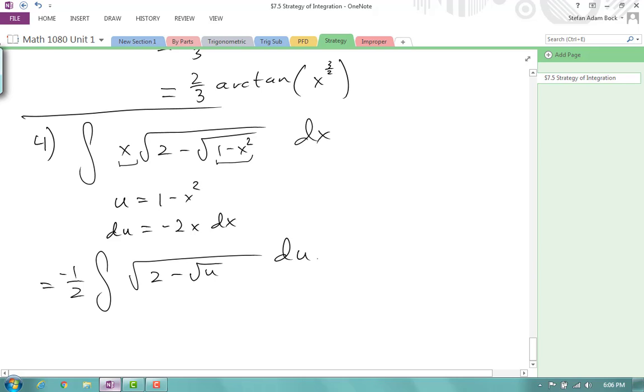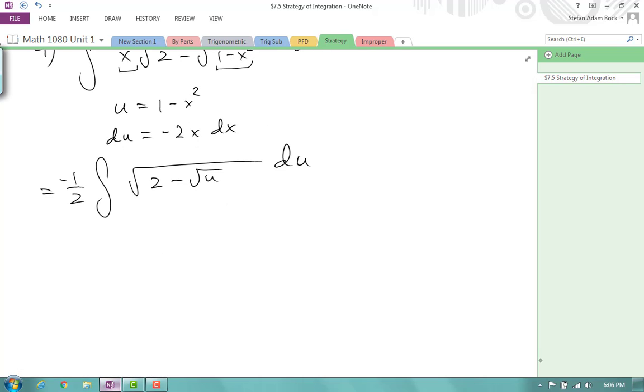And now I've still got a square root inside of a square root. So I think what I'm going to do is treat this like the previous two problems and try to force myself to have a sum or difference of squares. I'll say w equals the square root of the square root of u, or the fourth root of u, or u to the 1/4.